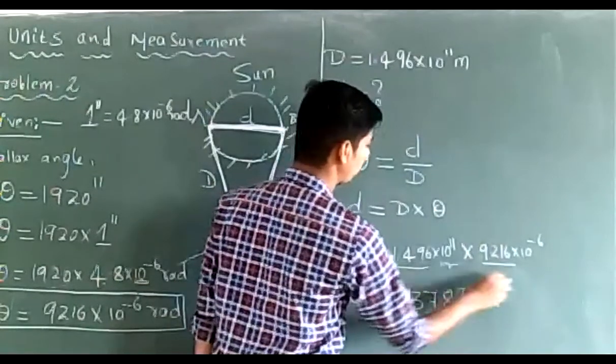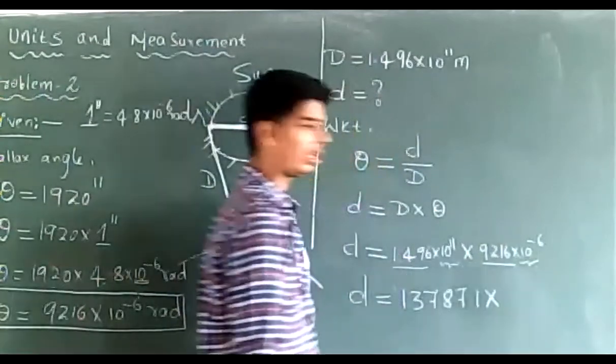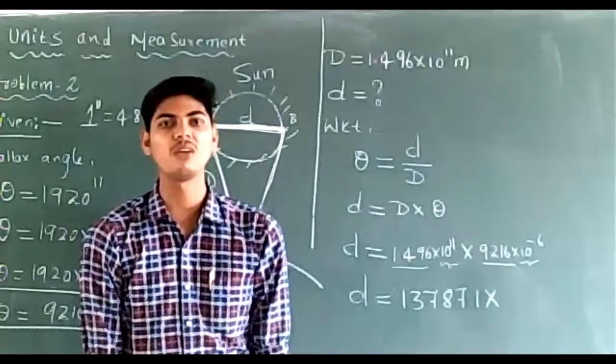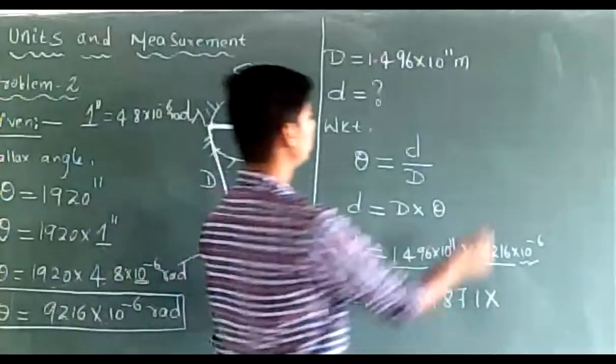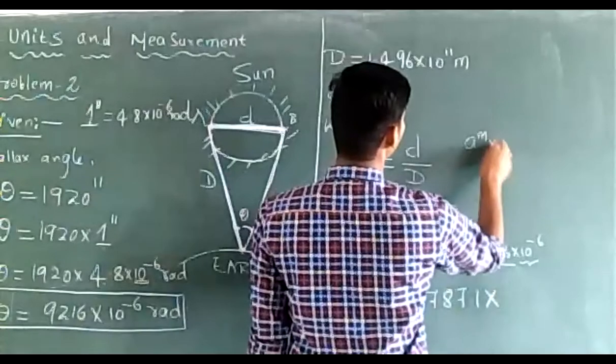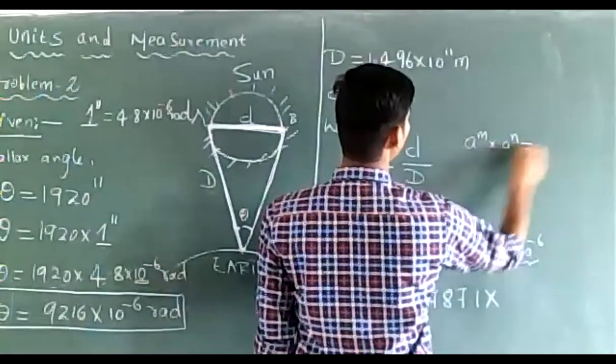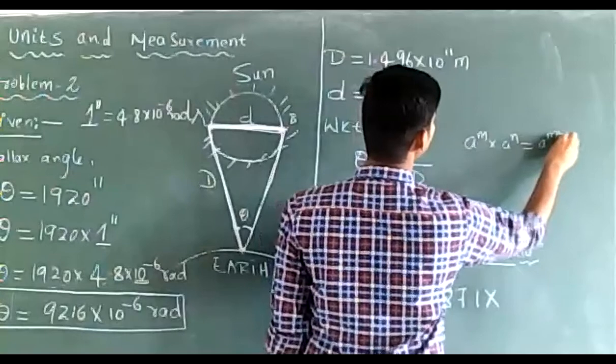You are evaluating 10 power 11 into 10 power minus 6. This is of the form a power m into a power n, and a power m into a power n is a power m plus n.